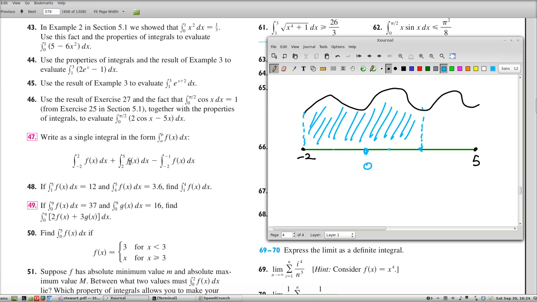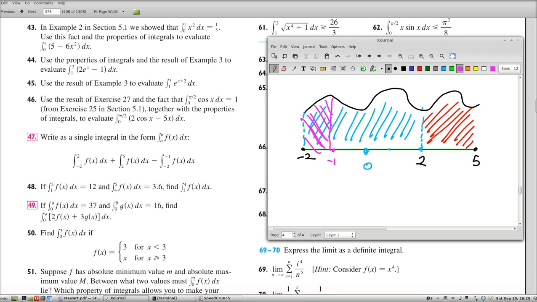And now they're going to add the area from 2 to 5, and I'll call that this red area here. And now they're going to take away the area from -2 to -1. So let me shade that. Here's -1 in the diagram. So they're taking this area away.